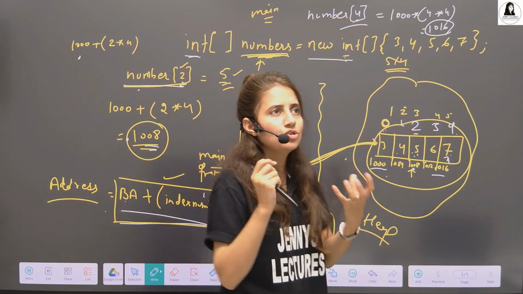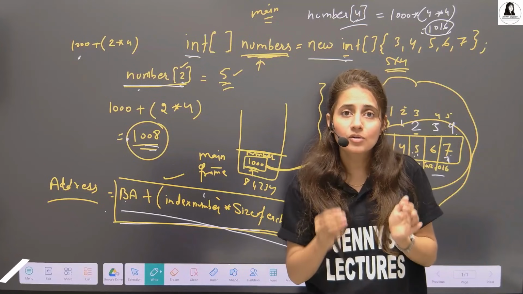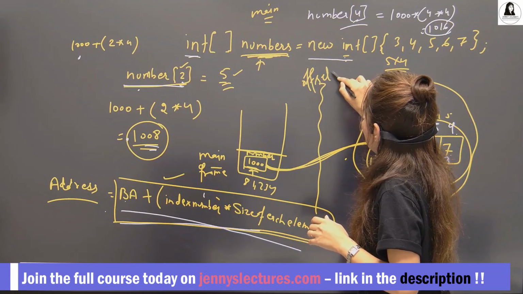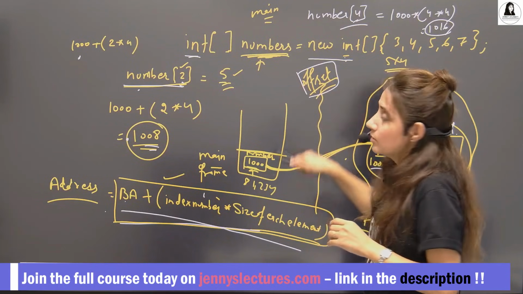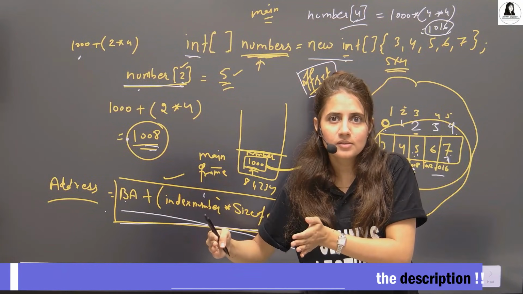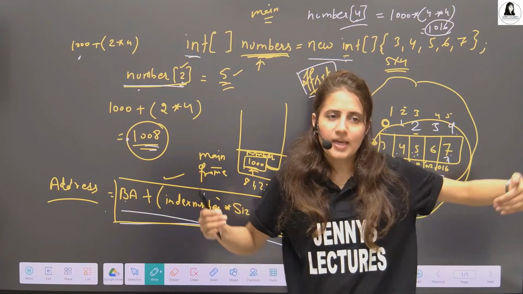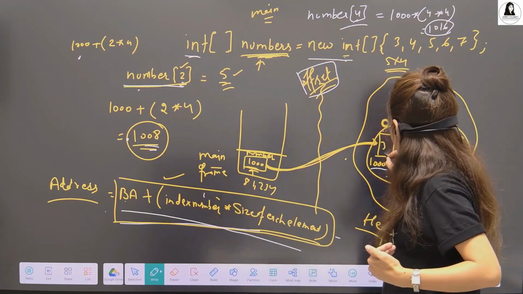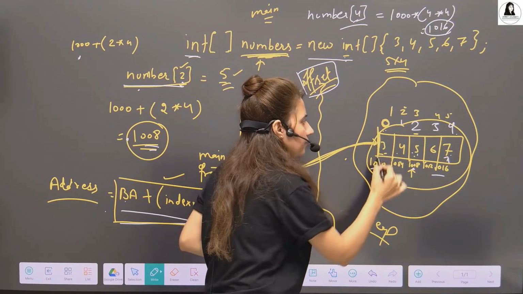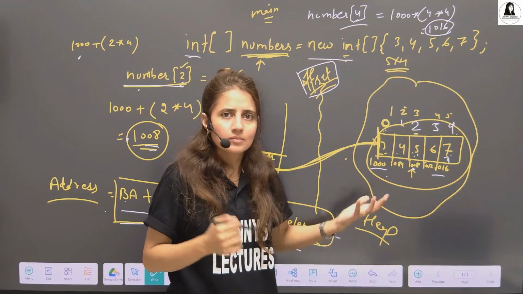Index is not the position of that element in this array, it's basically the offset from the array header. Offset means the distance from the array header. How many steps you are away from the array header. So for the first element, and this is the array header, obviously, the starting of the array, the offset is what? Nothing.